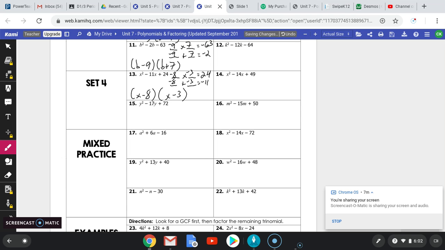And then the last one here, what two numbers multiply to give me positive 72, and those same two numbers add to give you negative 17? That would be negative 9 and negative 8. Y minus 9, y minus 8.